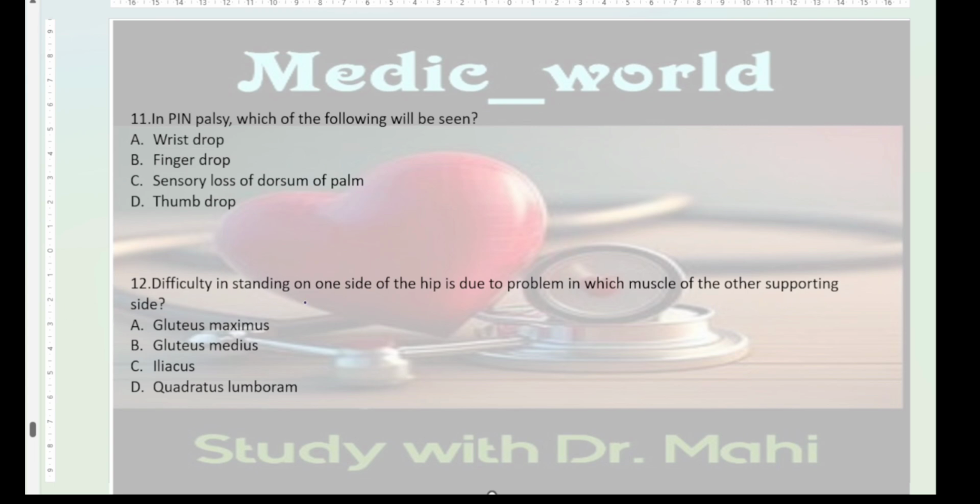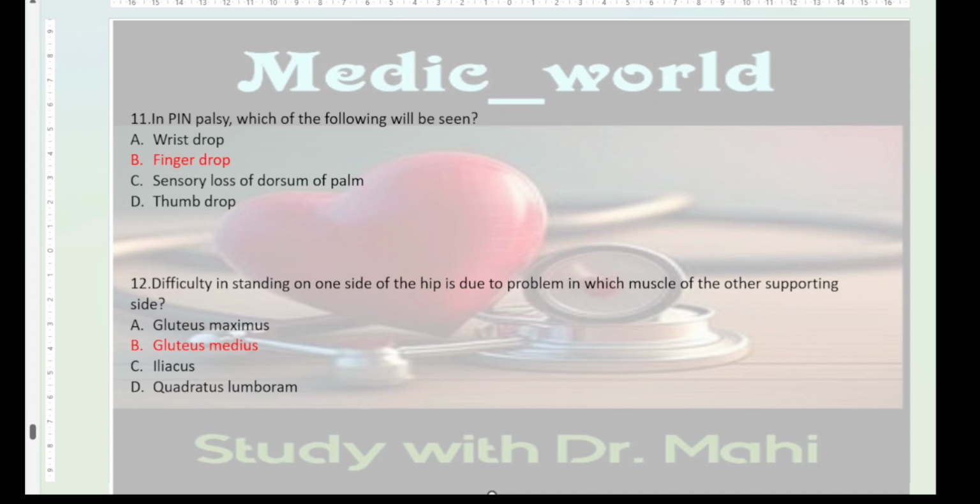So, here it is talking about the Trendelenburg gait and there we all know there is problem in abductors of hip and the abductors of hip are gluteus medius and minimus. So the answer to this question is gluteus medius. And in PIN palsy, finger drop is seen.